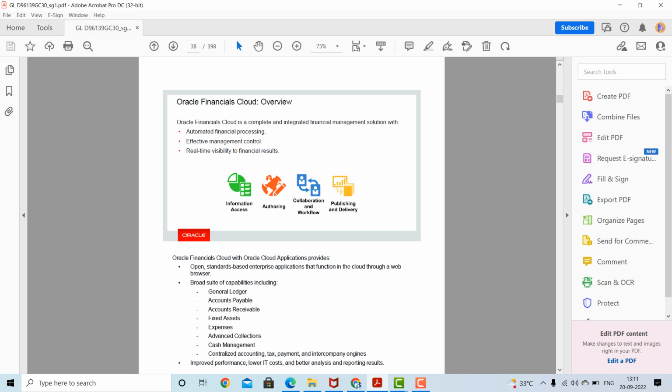These images show how the flow works: information access, authoring, collaboration and workflow, publishing and delivery.